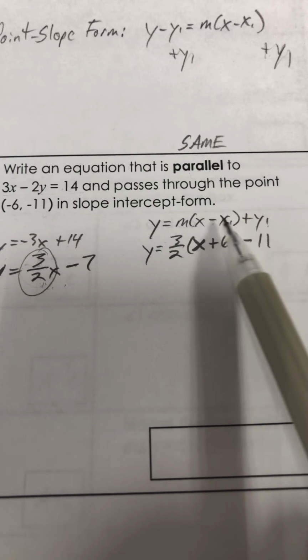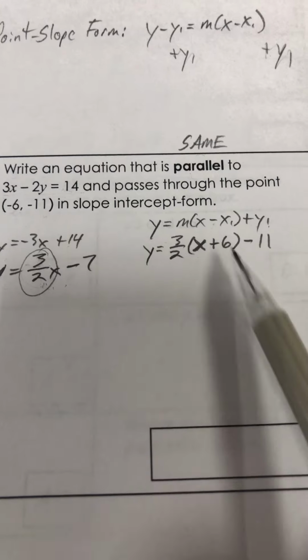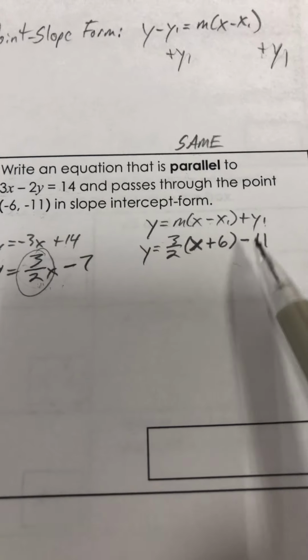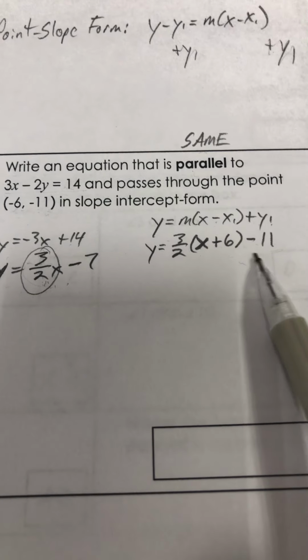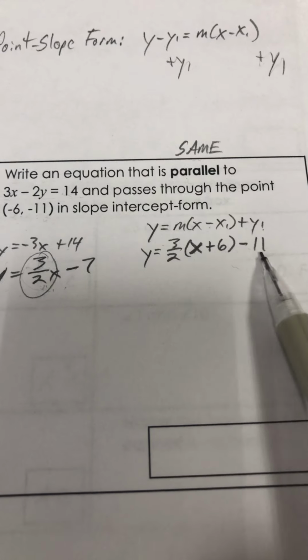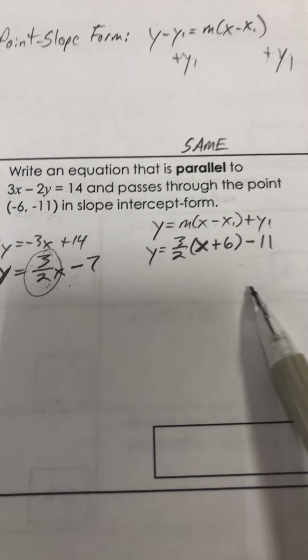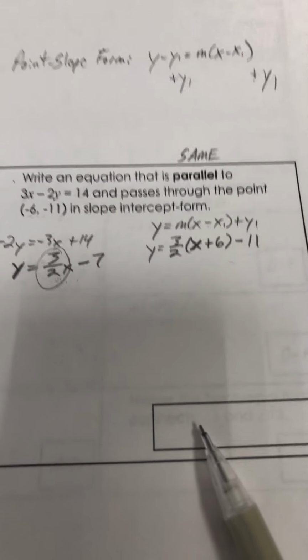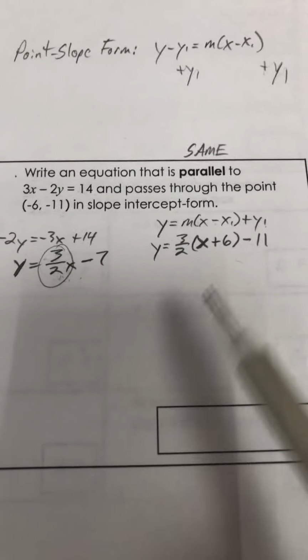Subtract x1, so that's adding 6. Subtract 11, work this out, use the distributive property, combine your like terms, and then that's going to be y equals whatever you get. I took you very far on that one.